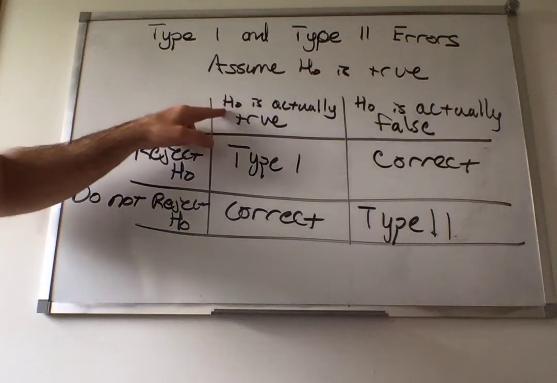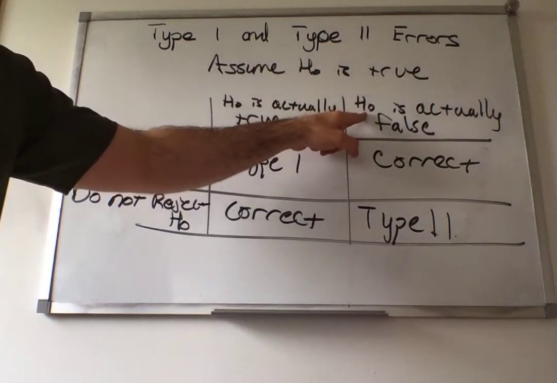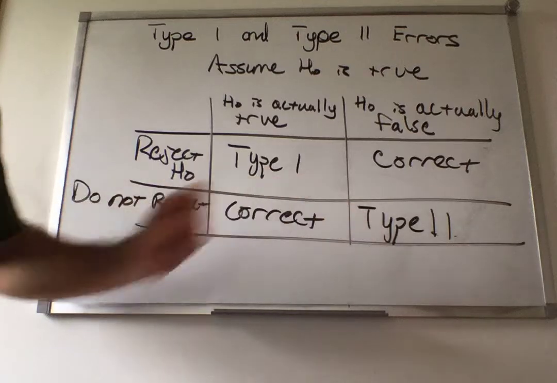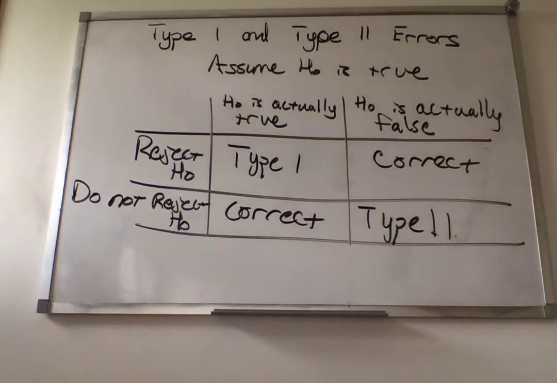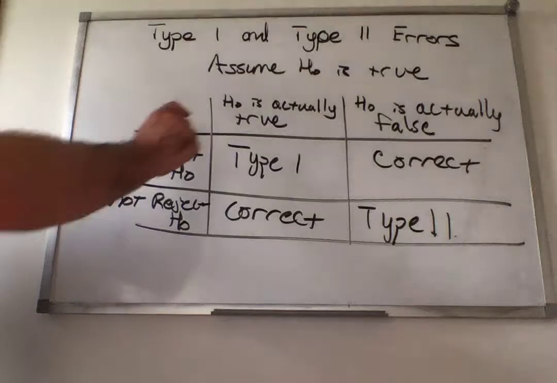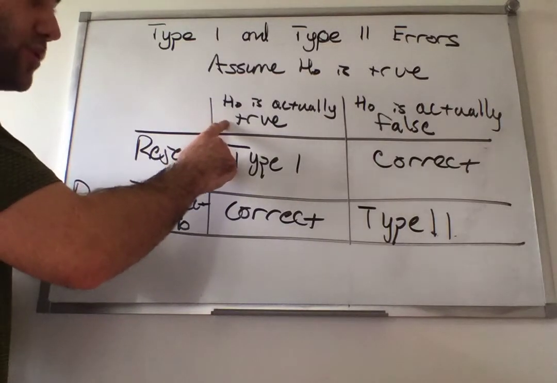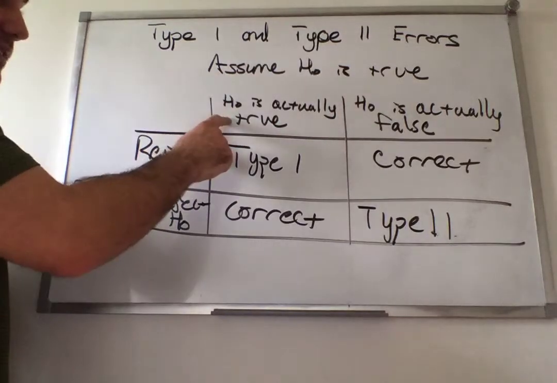Now, whether it is actually true or actually false is going to tell us whether we have a type 1 or type 2 error. Now, let's look at this. If the null hypothesis is actually true, that means our assumption was correct.